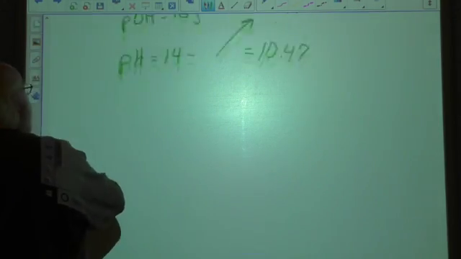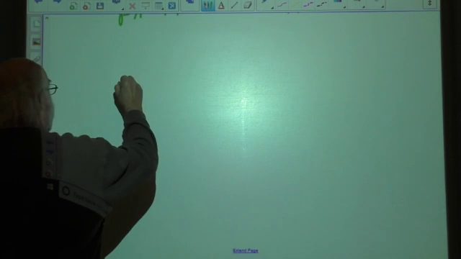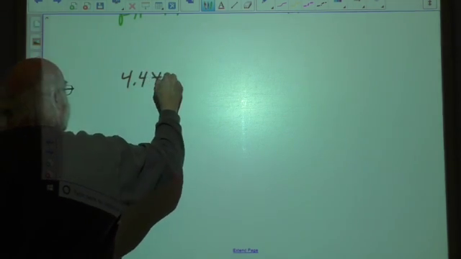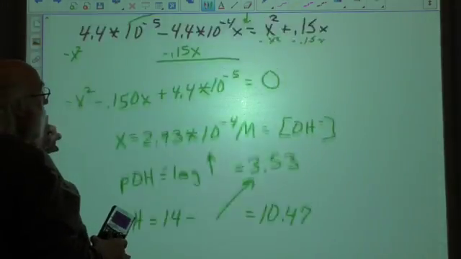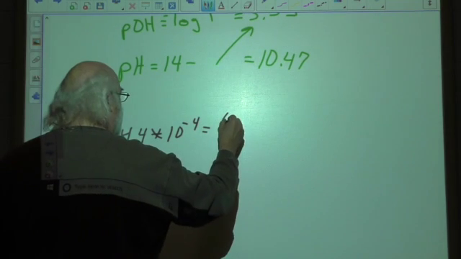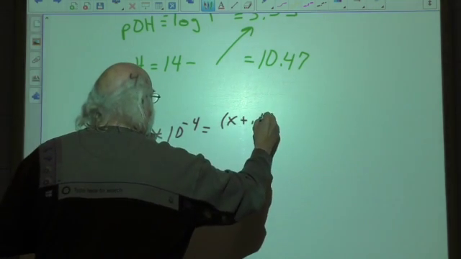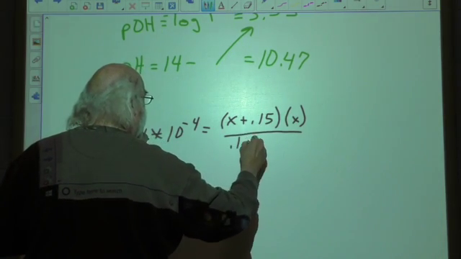So we've got, let's go back here, 4.4 times 10 to the negative 4 is equal to x plus 0.15 times x over 0.1 minus x.